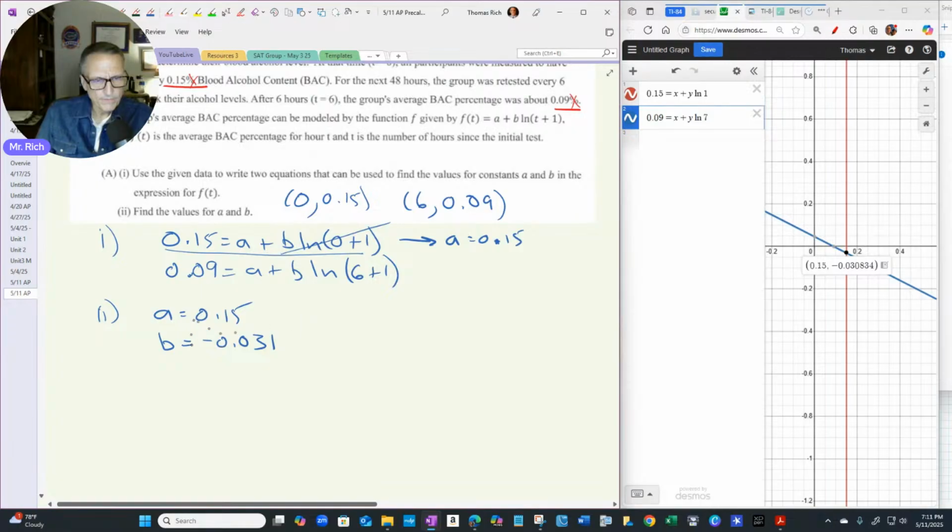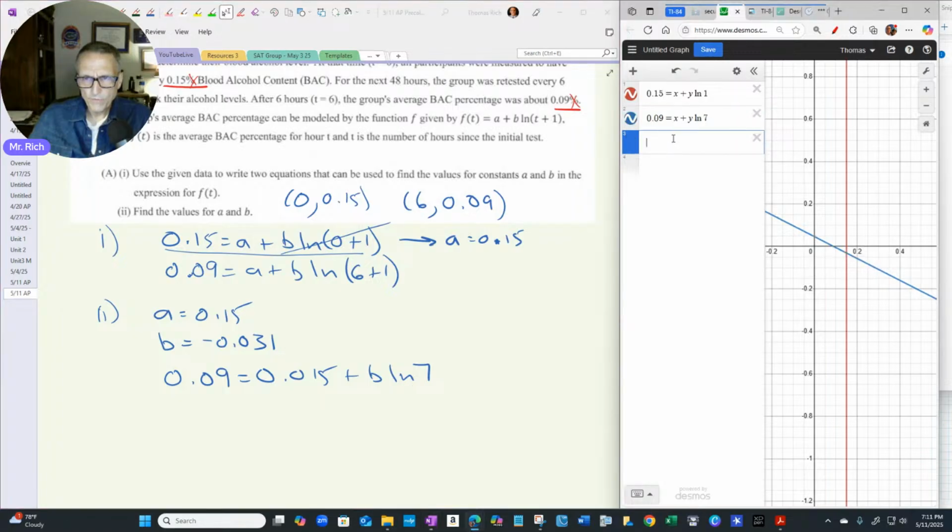You could then come down and plug that value into the second equation for A. So you get 0.15 plus B times the natural log of 7. Then I would be over in Desmos, and I would say 0.09 minus 0.015. Let's try that again, 0.015.